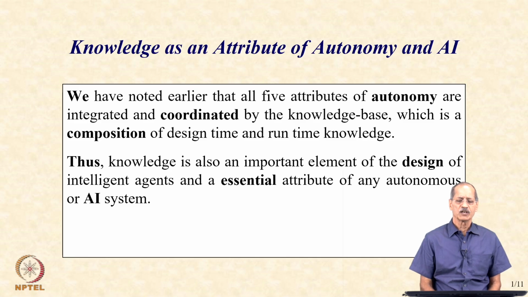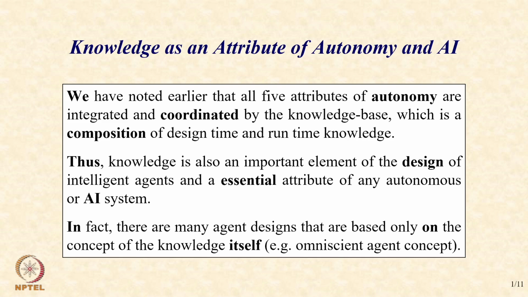So, you can look at any autonomous or an AI system, its main driver from the background would be the knowledge that either it has been given at the time of design or it has gathered through its experiences while operating in a real world scenario.